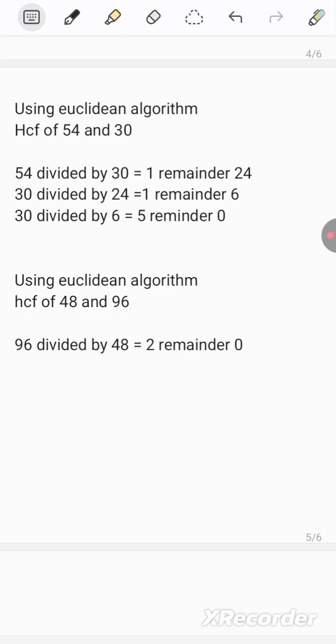Let us continue. And note, I have been giving you HCF of 2 numbers. You can have HCF of 3 numbers, 4 numbers, many more numbers. Okay, let us continue with the next one. Hope you understand my explanation.